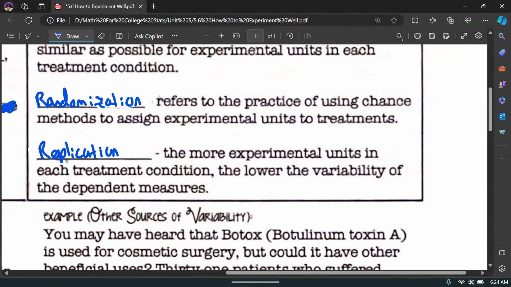The more experimental units in each treatment condition, the lower the variability of the dependent measures. We've talked about that before. This is basically saying increased sample size leads to reduced variability. So again, the larger your sampling group, the lower the variability will be, which basically means a more accurate result.